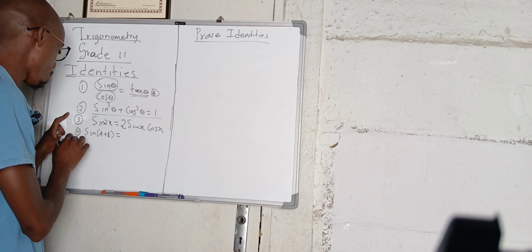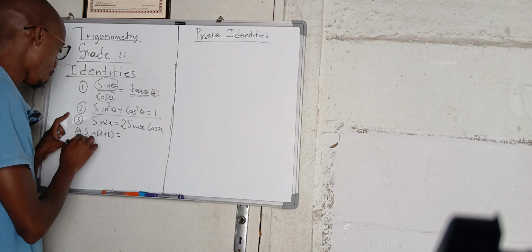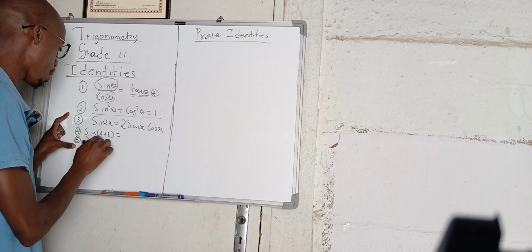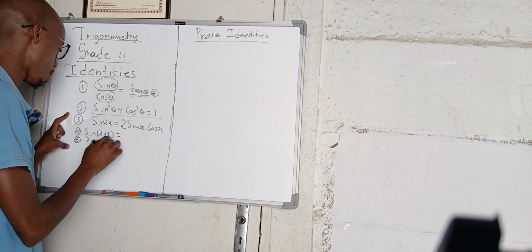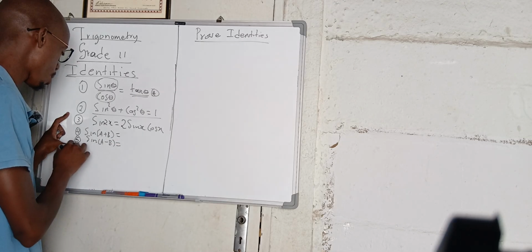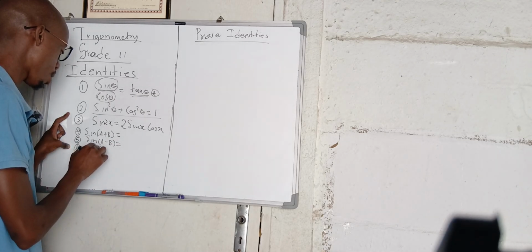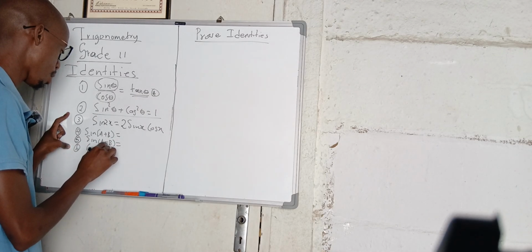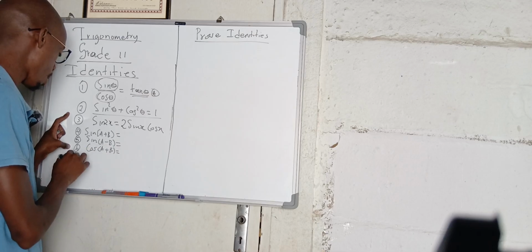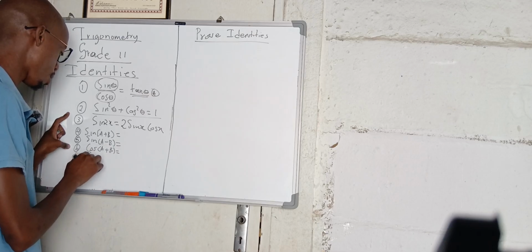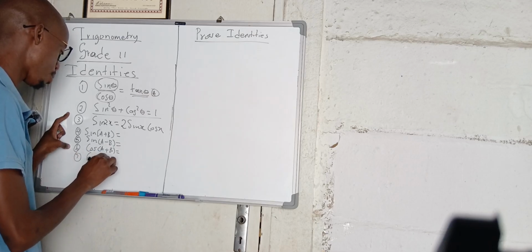And then here I'm going to have 5: sine a minus b. Here I'm going to have 6: cos a plus b. 7: cos a minus b.